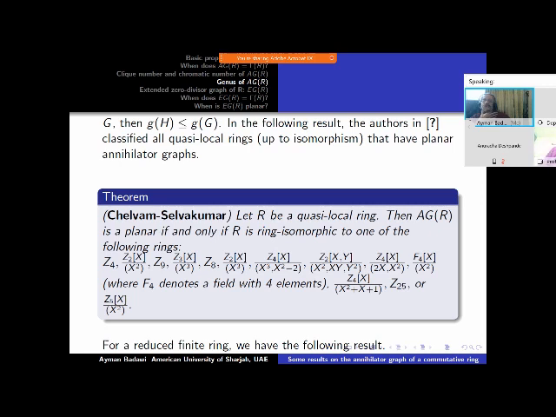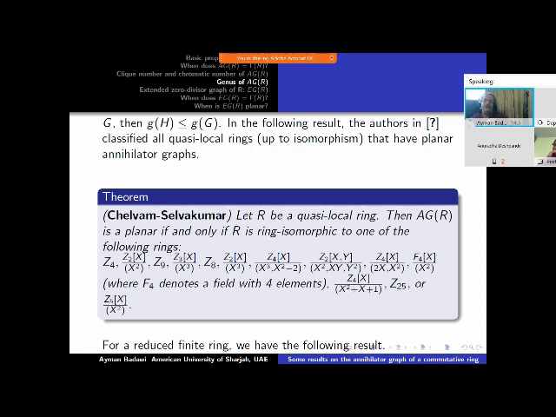A work of Professor Shelvam and his co-author Silva Kumar: if your ring is quasi-local, then the annihilatory graph is planar if and only if... And this is also one of the connections, as I told you.